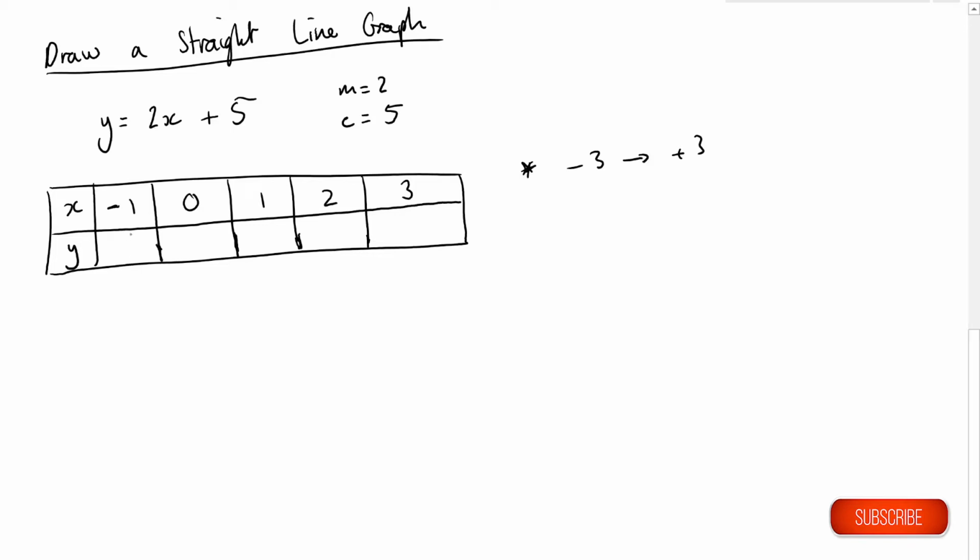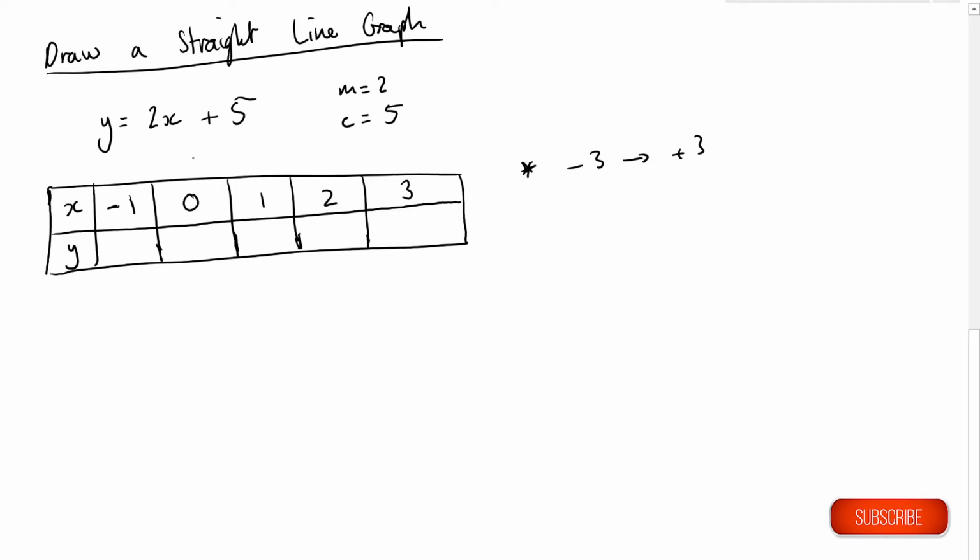So how I would fill out this table is this x value in this equation has been given in the top row of this table. And so I need to find what is the value of y when x is -1. So we'll start with 0, because 0 is the easiest one, because the negatives can get a bit tricky sometimes.